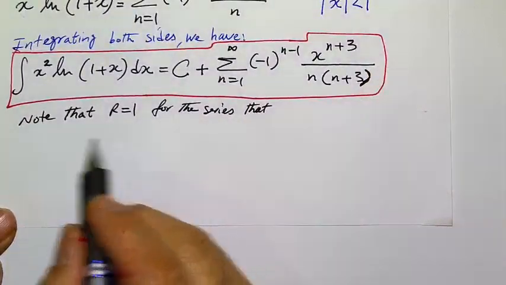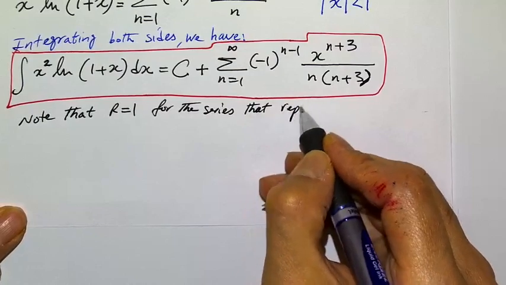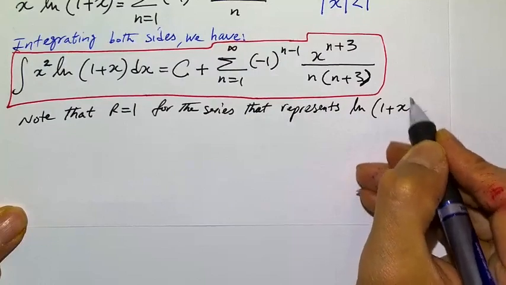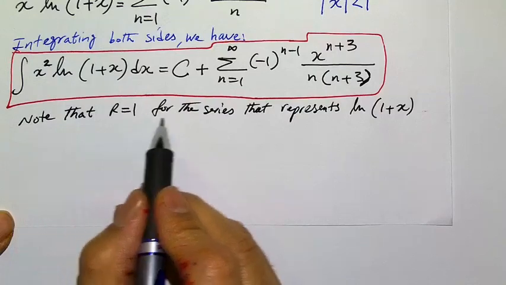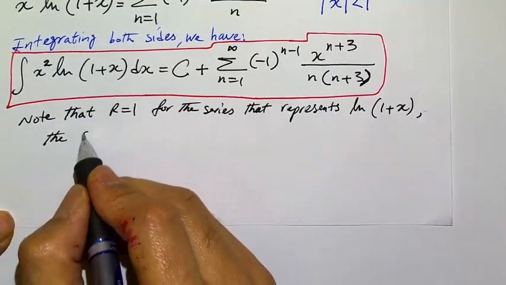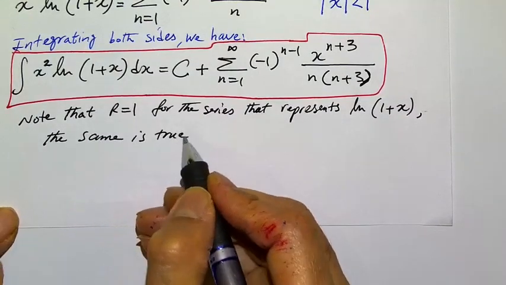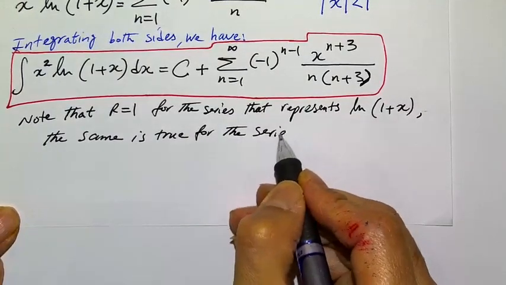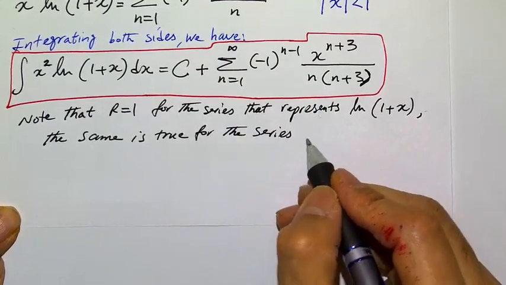So that represents natural log of 1 plus x, and the same is true for the series that represents x squared times natural log of 1 plus x.